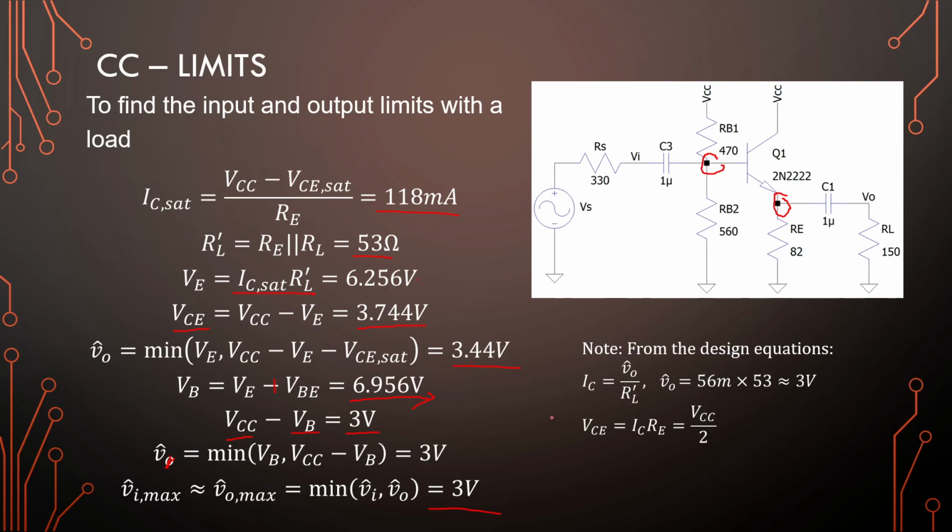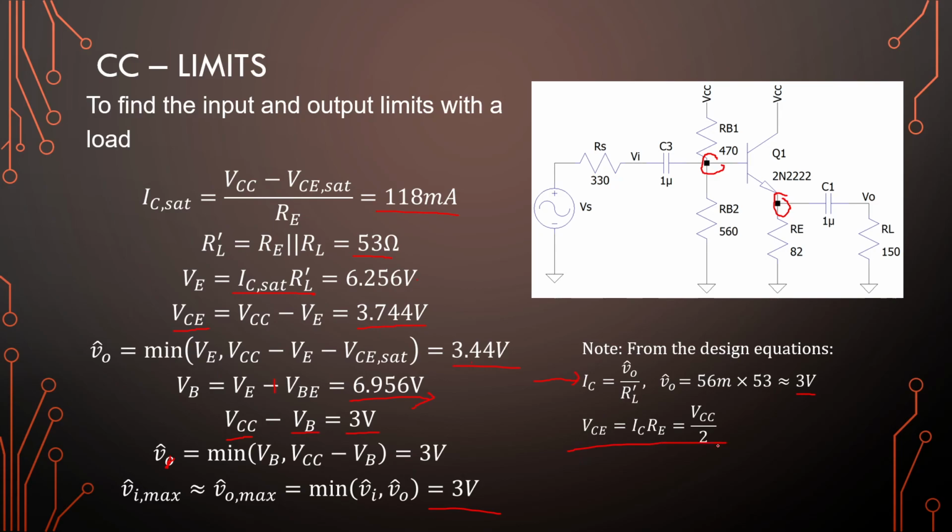Now, a couple of things to note. The design equation for the common collector is to take the peak output divided by the R load prime, and that works out at 3 volts. So that's where the design equation comes from.